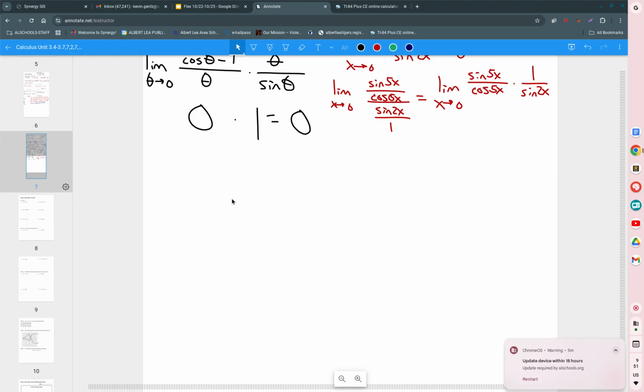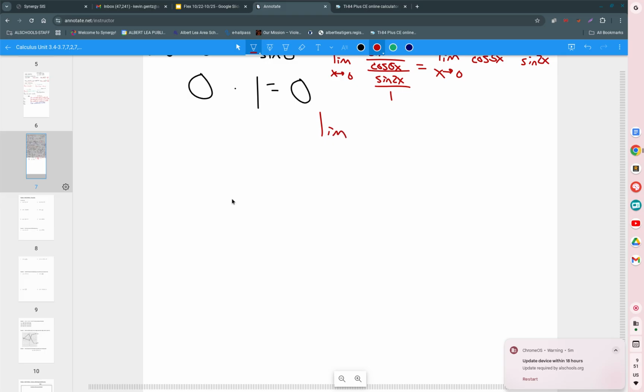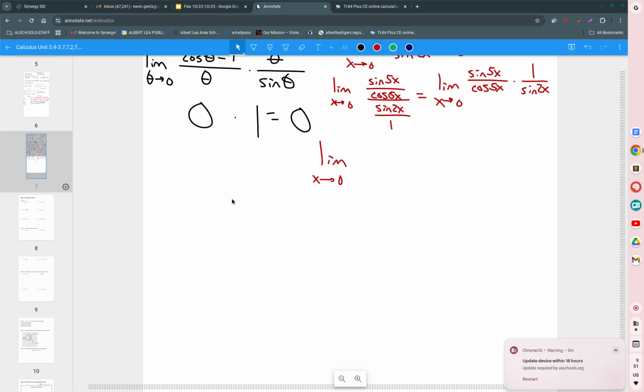Okay, so I'm going to separate this into the limit as x goes to 0 of sine of 5x over 1 times 1 over the sine of 2x times what remains? 1 over the cosine of 5x.